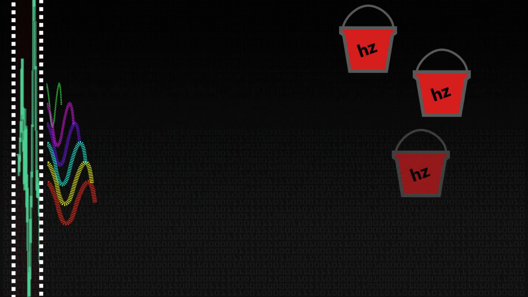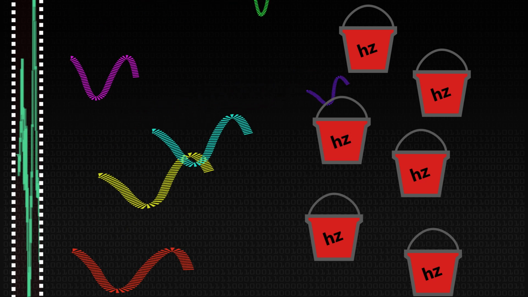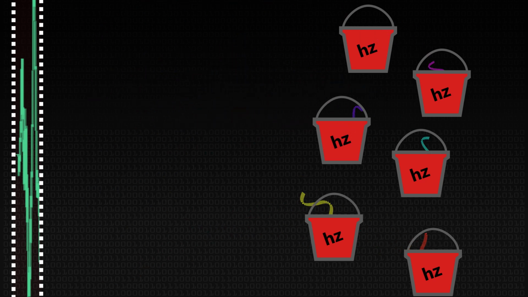So we want to say, well, anything that's within this range, we'll say this is all one bucket. We'll call it a bucket of frequencies, right? And all I'm interested in, in this bucket of frequencies, is which one of those is the loudest one. And then I'm just going to get rid of everything else. I don't care beyond that.